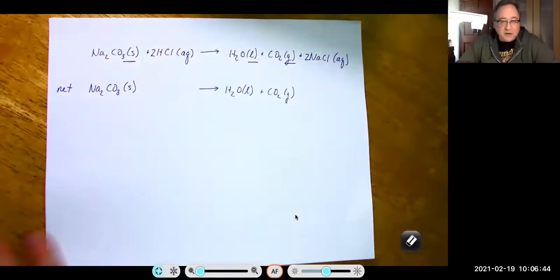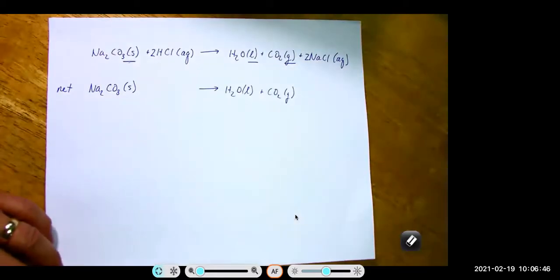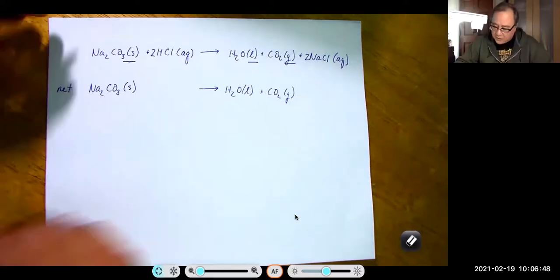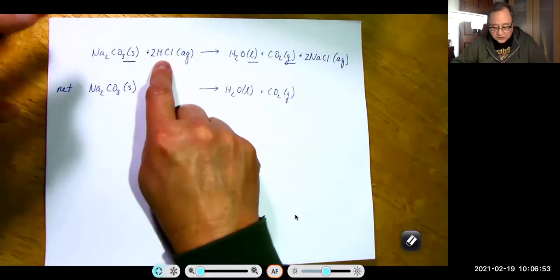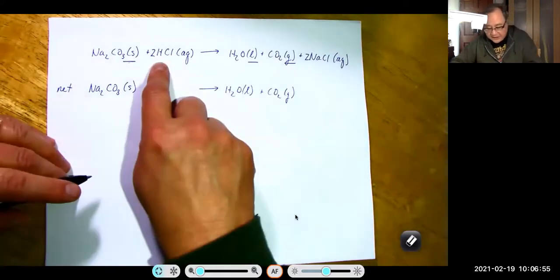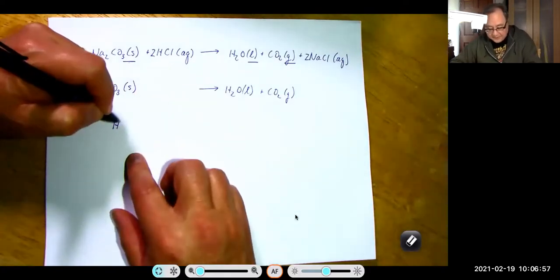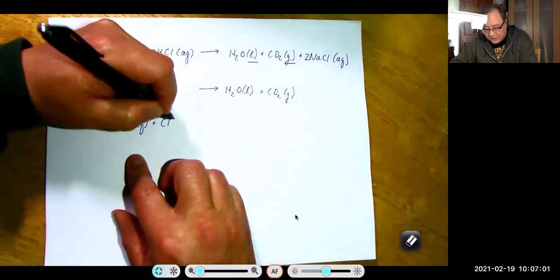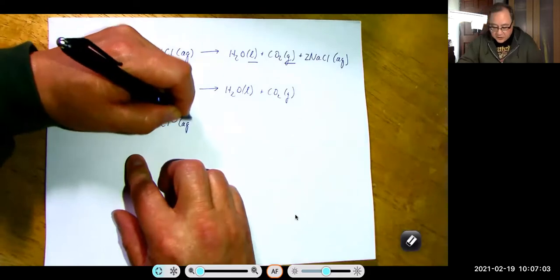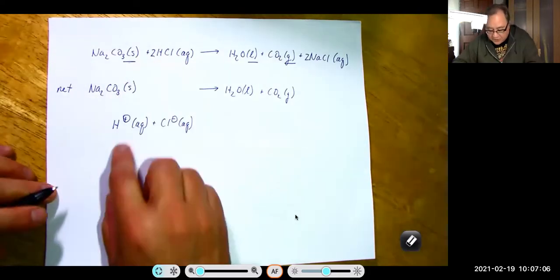So are we okay so far? Yeah. The next thing you do is you take a look at what remains and you ask yourself, if this is aqueous, what is the formula? So for HCl, because it's a strong acid, it's H plus and Cl minus aqueous. And naturally, since I have this 2 here, I actually have 2 of these and 2 of these.